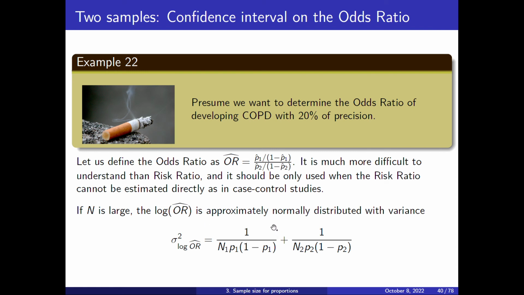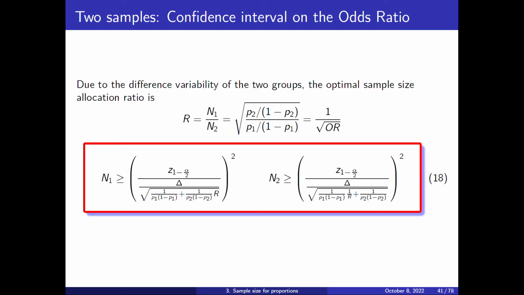So this is the variance of the logarithm of the odds ratio, and we follow the standard procedure. So the optimal sample size is given by this 1 over the square root of the odds ratio that we expect, and then we simply follow the Gaussian sample size calculation formulas.